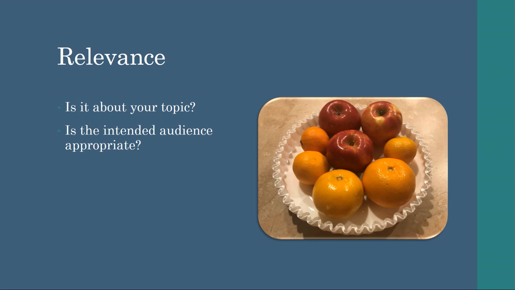Is the intended audience of the source appropriate for your use? This is especially important when looking at internet sources. There are many good sites out there that are intended for students in elementary, middle, and high school. You are in college now, so these sites are no longer relevant to you. You need sources of information whose audience is college students, scholars, or professionals.